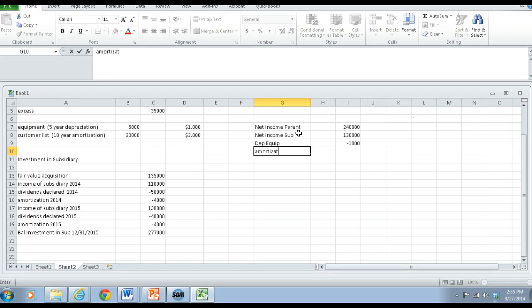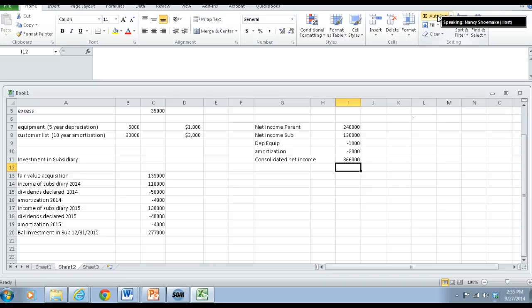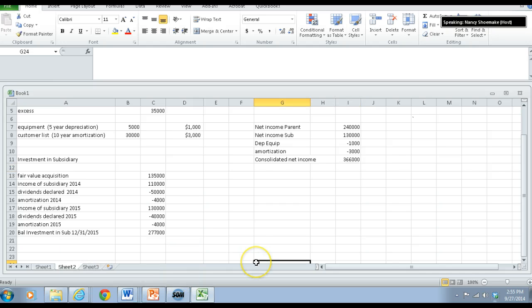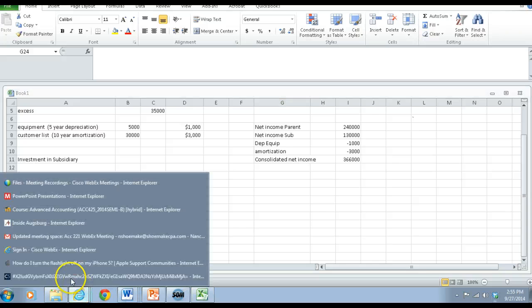Amortization, $3,000. So our consolidated net income is going to show $366,000. Remember, we're going to take the income from both, but we need to make sure we take into account the excess amortization.